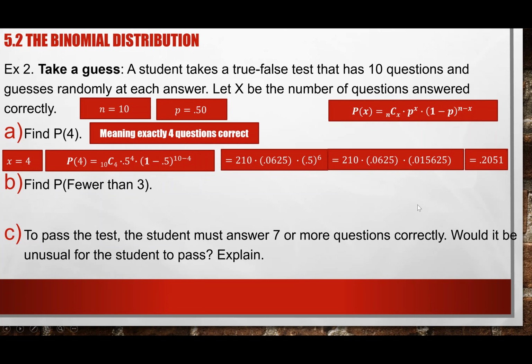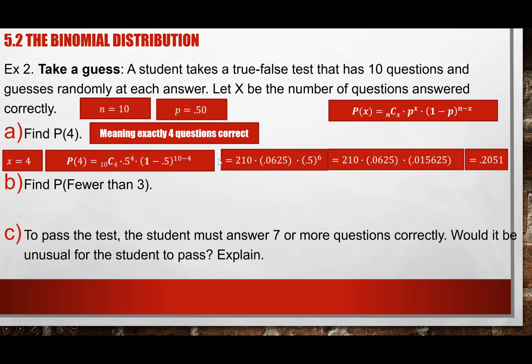Okay. So first of all, any question on where my numbers came from and how to use your calculator to calculate this using this formula? The reason I have 6 here is because 10 minus 4 will give me 6, and the 0.5 is because 1 minus 0.5 will give me the other 0.5. That's where my 6 and my 0.5 come from, okay?